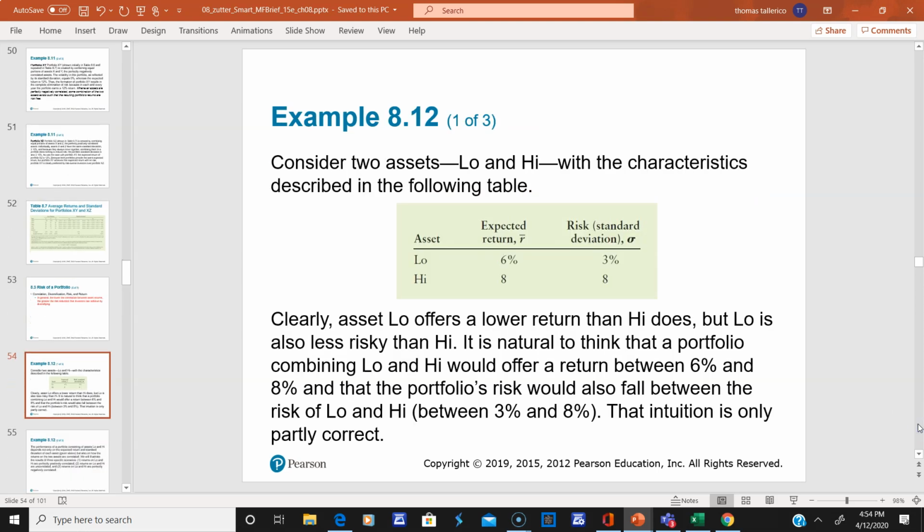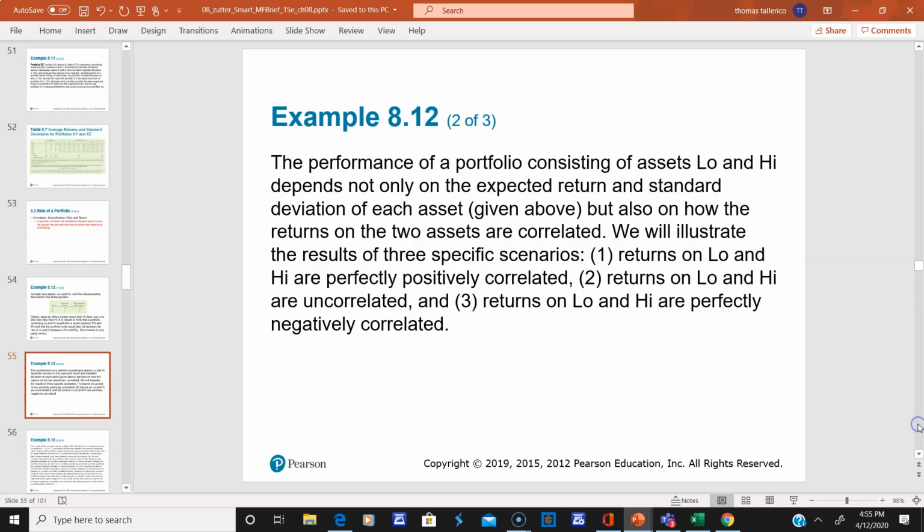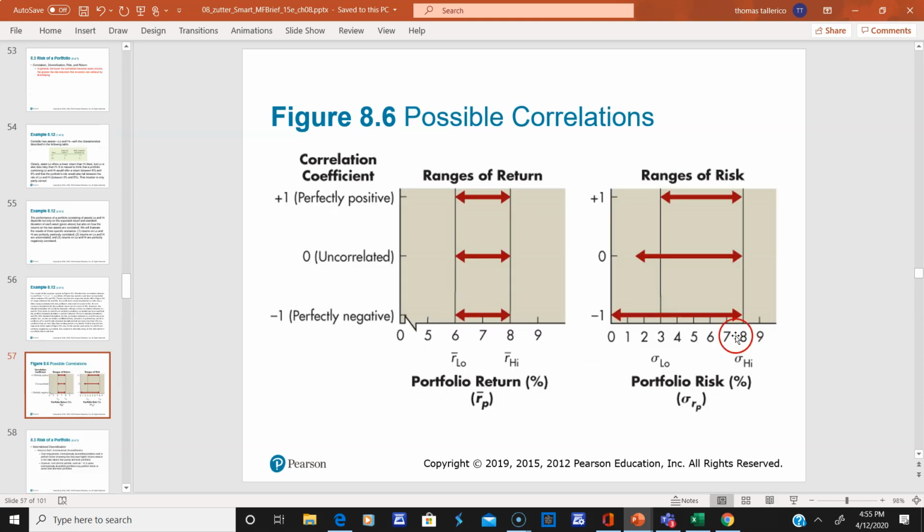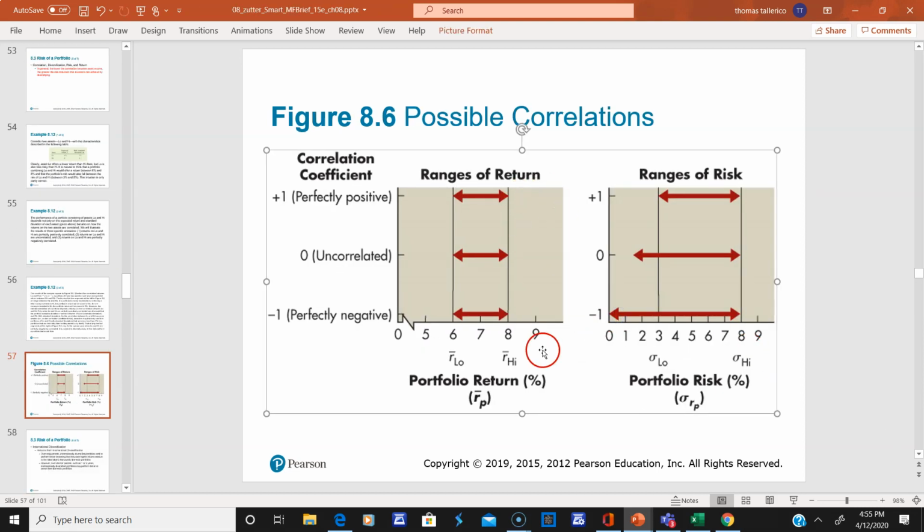All right, so here's an example. This is example 8.12. Please go over that. So you can see here, look at the correlations. Here's one portfolio, the portfolio return, right?